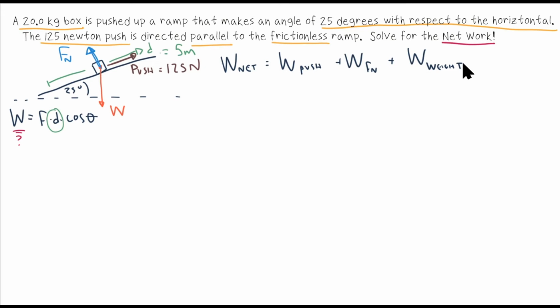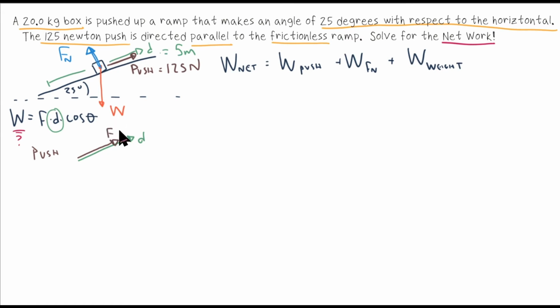Next step in the process is to figure out the angle relationship between the force and displacement vectors for each of the 3 scenarios, for each of the 3 forces. So to start with, we have the push, and we have our displacement going up, and in this case the push is directed right along the surface with the displacement.